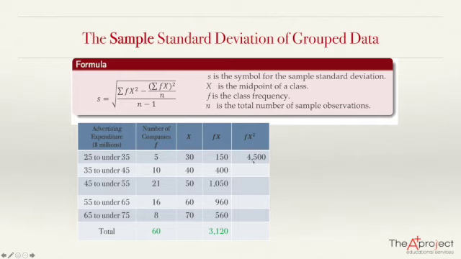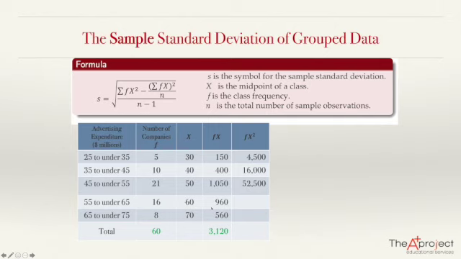You can also square 30, using the key in your calculator, and multiply by 5, and you get the same answer. Again here, 40 times 400 is 16,000. 50 times 1,050 is 52,500.